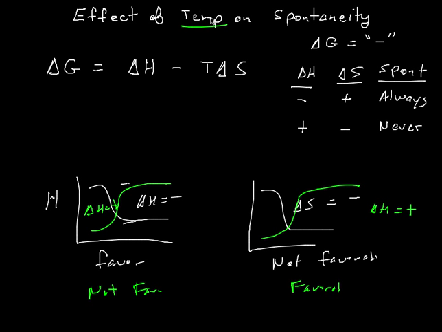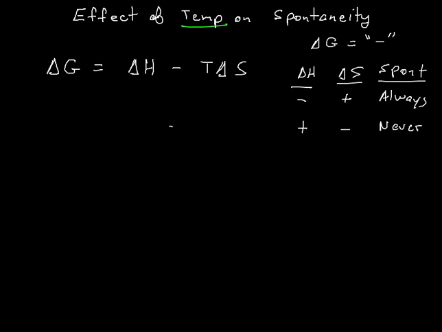So let's evaluate a reaction. Let's say that we have an enthalpy that's negative 400, and we have a change in entropy that's negative 2. Remember, entropy is usually pretty small compared to the enthalpy.